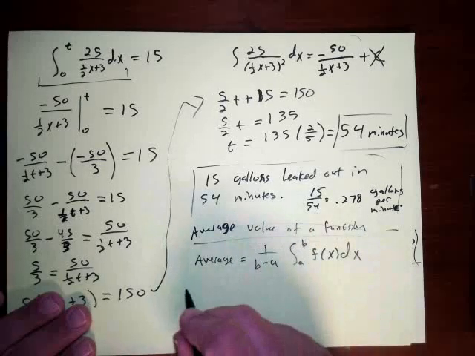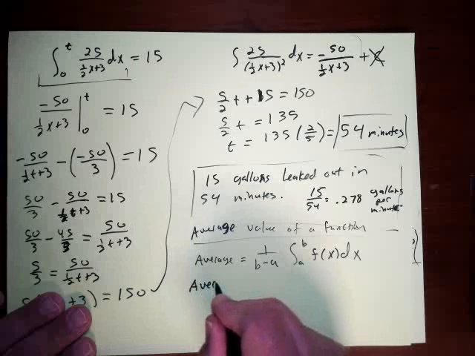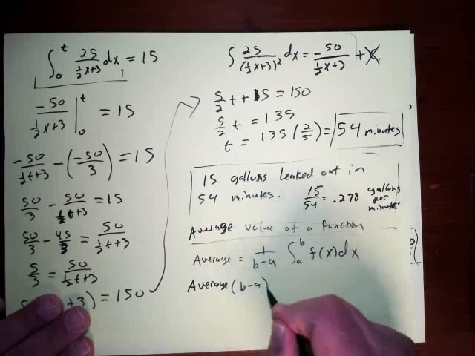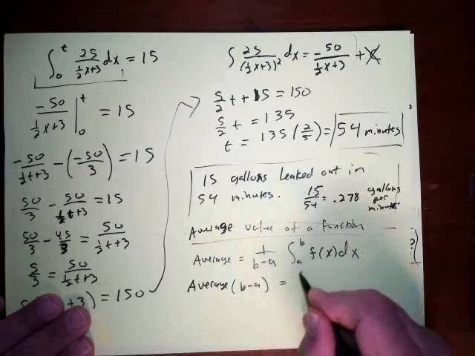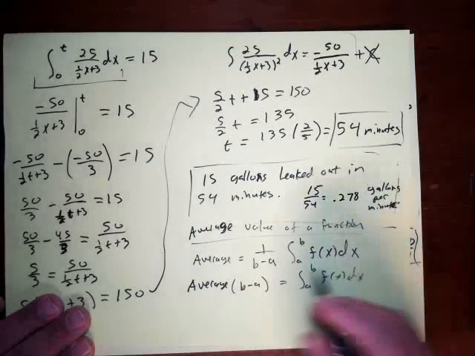Okay, so another way of thinking about it is you're actually finding the value that it would take to estimate or to give the definite integral. So kind of like when we proved the fundamental theorem.